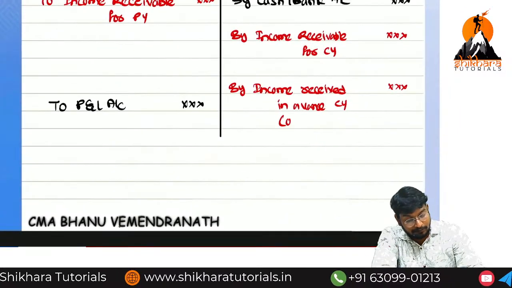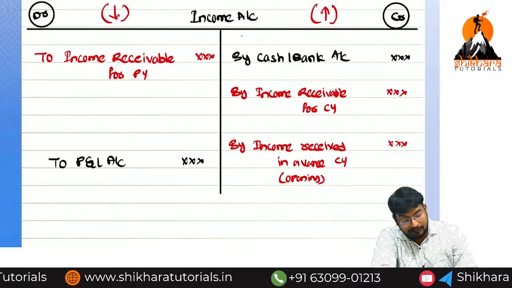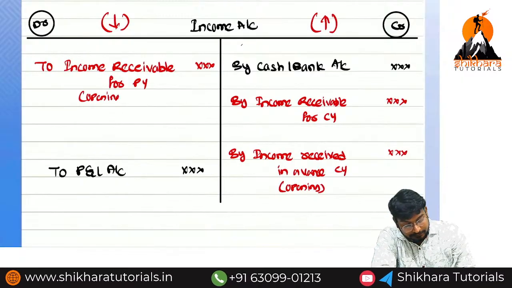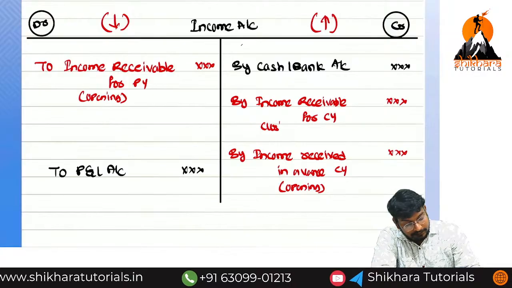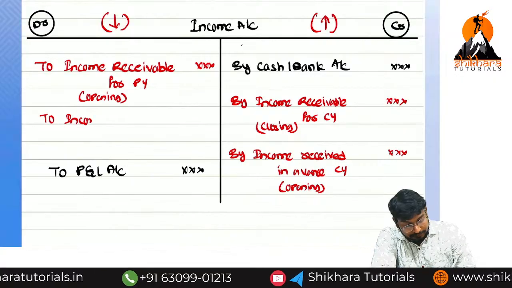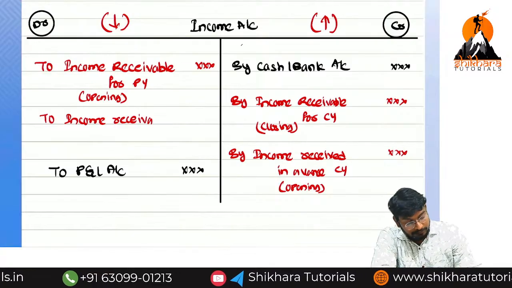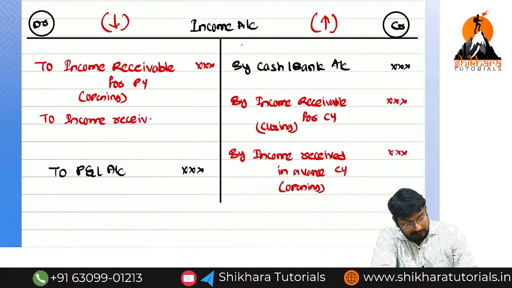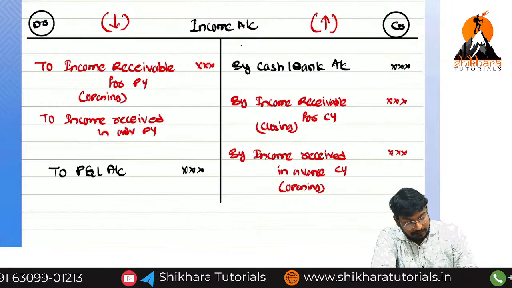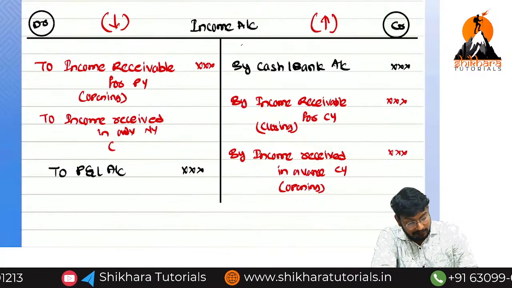So this is an opening balance. Receivable for the previous year means this is called as what? Opening. This is a closing. And again what we need to write? To income received in advance. Which year? Previous year. That means what? Sorry, next year. Opening or closing? Closing.